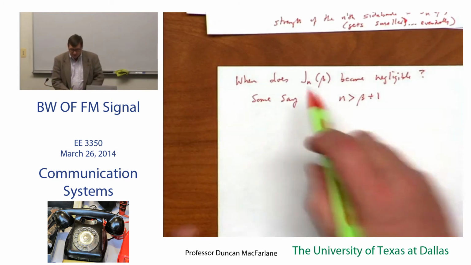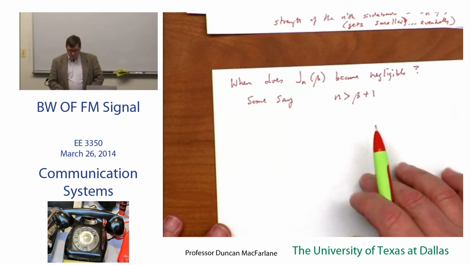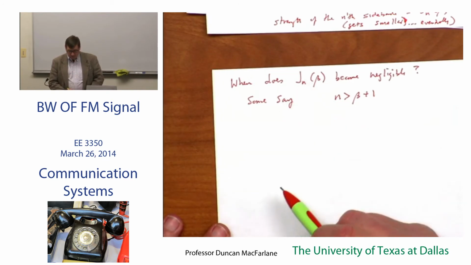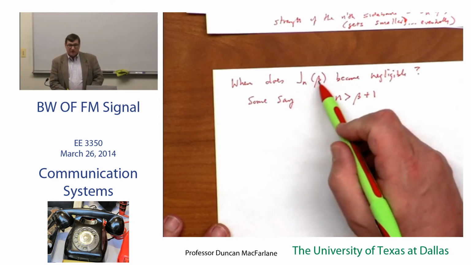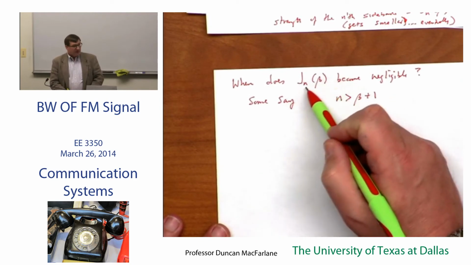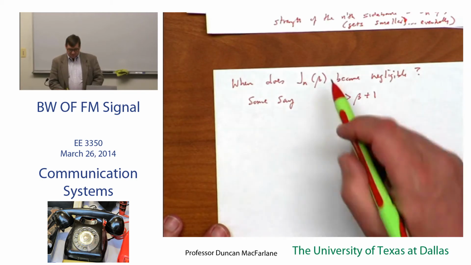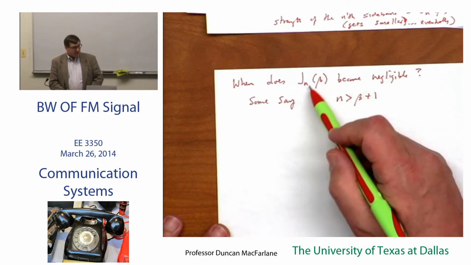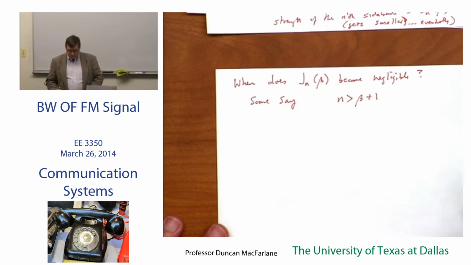Remember, we're taking J of beta. And so when n is bigger than beta, if beta is 6, then when n is 7, 8, 9, it gets very small. If beta is 12, then n equals 12, 13, 14, 15, we start to get small.